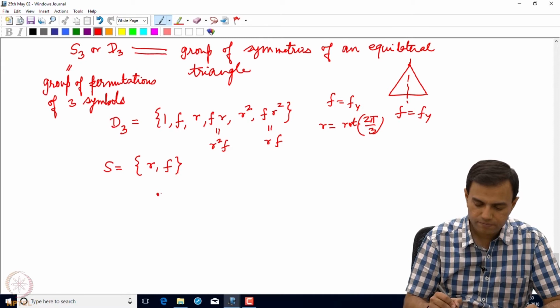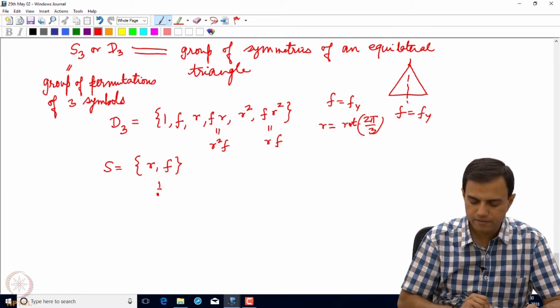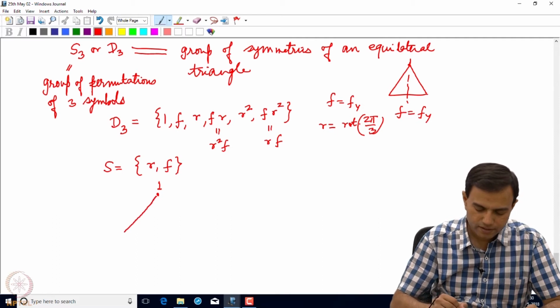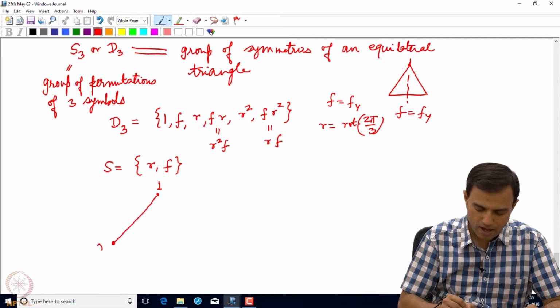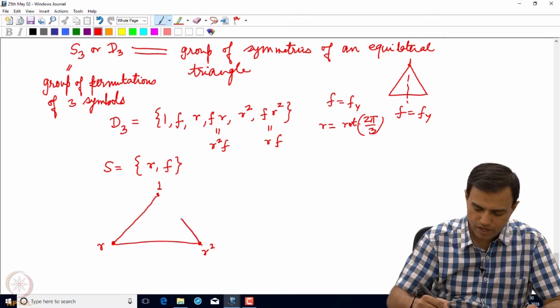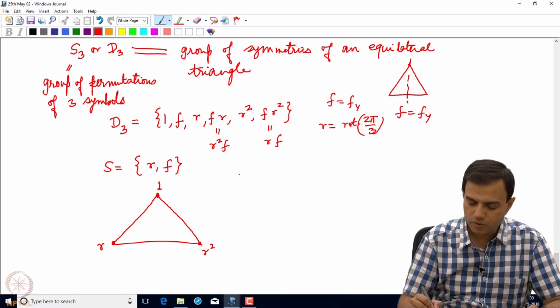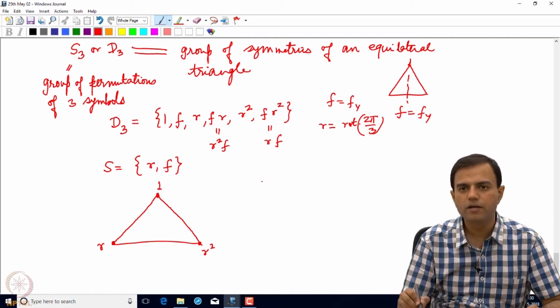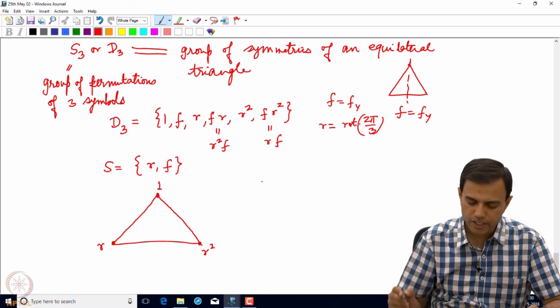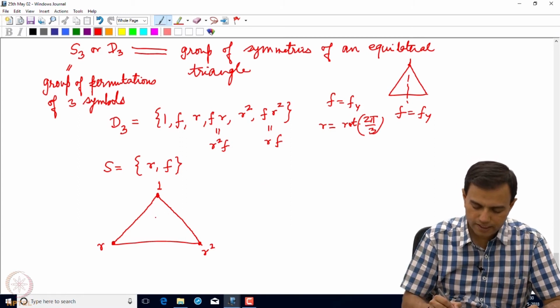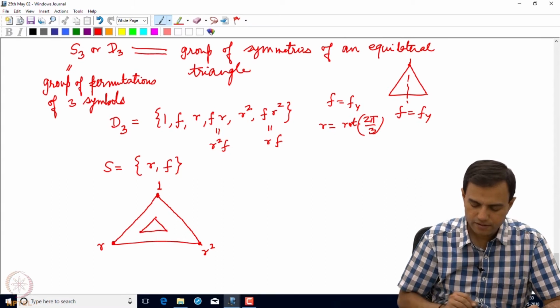So I have identity element, and then I have R, then I have R square, and then again R square will be connected to 1 because A inverse B, so R square inverse 1, which is just R. R belongs to S. So I make these connections, and then similarly I have a smaller triangle here inside.